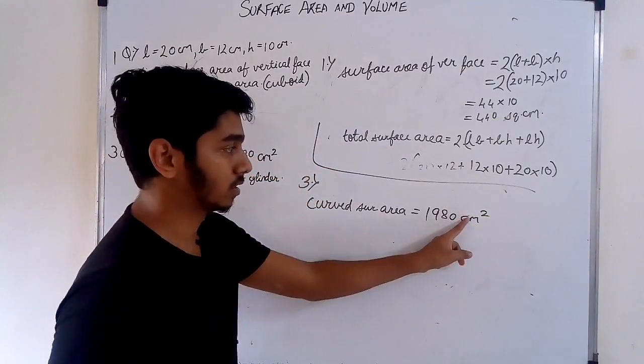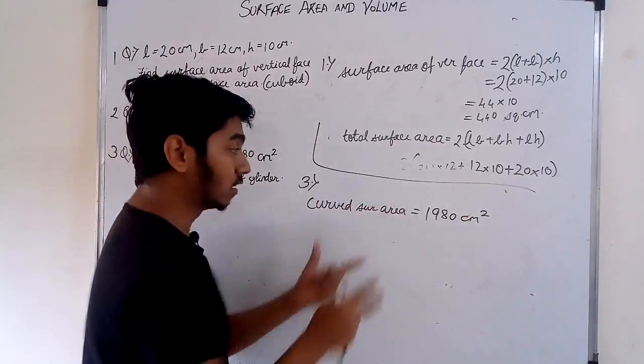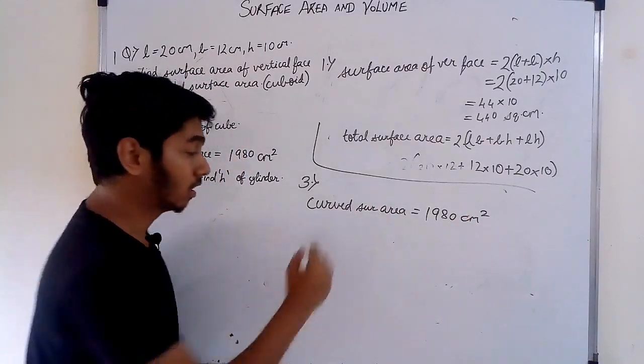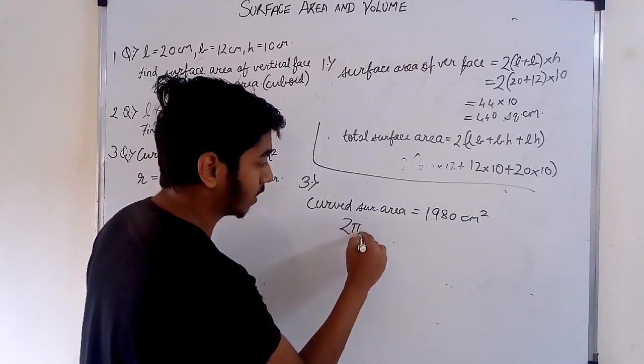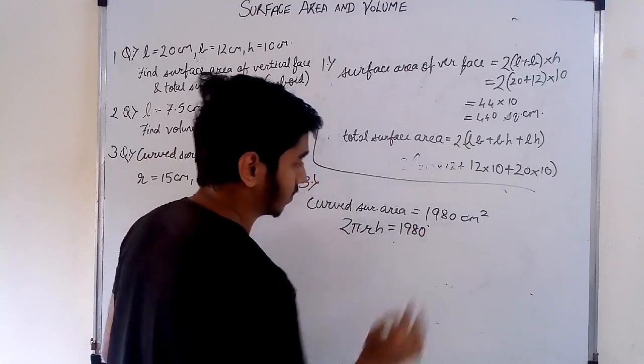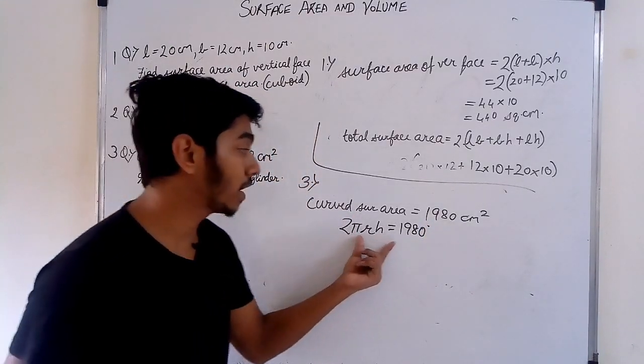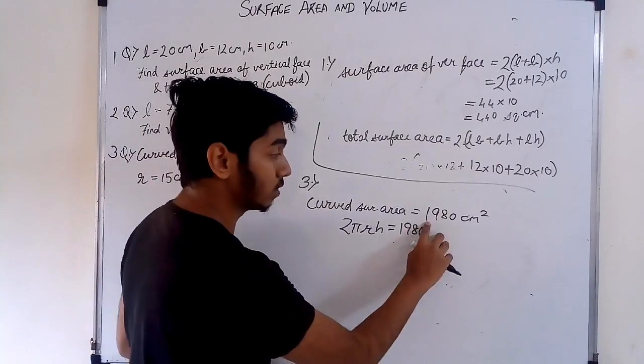Correct? So this is what is given to us, and the radius is 15. But you know that the curved surface area is what? 2 pi r h. Yes or no? Curved surface area is 2 pi r h. That's why 2 pi r h is equal to 1980.